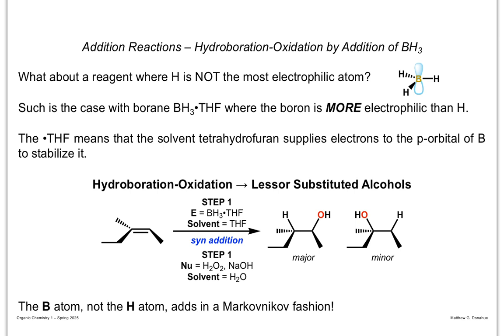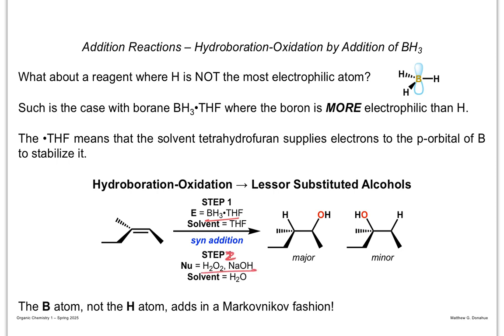So real quick here, here's the electrophile, BH3. Notice in the product, there's no boron, right? So it's a two-step process. You do an addition of the borane, and then this should read step 2.